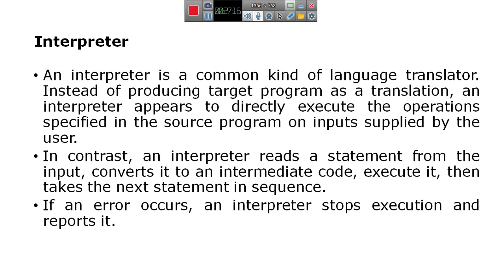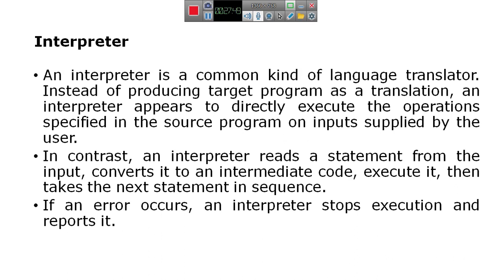This is the drawback of an interpreter: if an error occurs in a line, the interpreter halts the process of execution and reports that error.